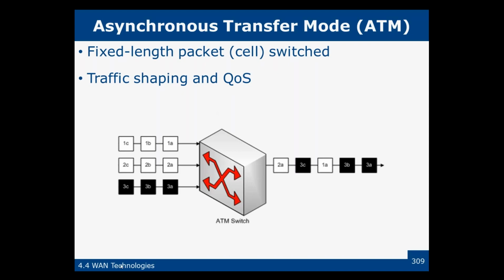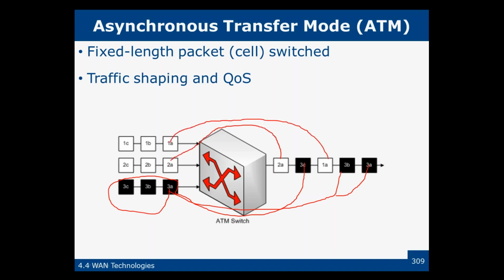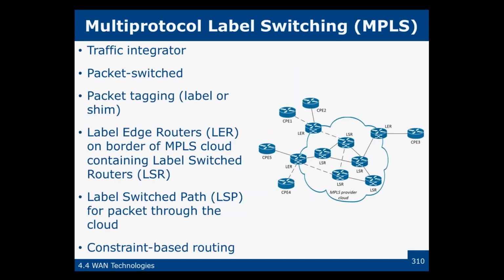In the traffic shaping here, the 3 system gets more: we get one cell for the 2 and one cell for the 1 and multiples for the 3. So that's the traffic shaping. It sends the traffic that should go out first, the quality of service, and then saves the others to be sent when it gets the chance to do it, when the opportunity is there to do those.